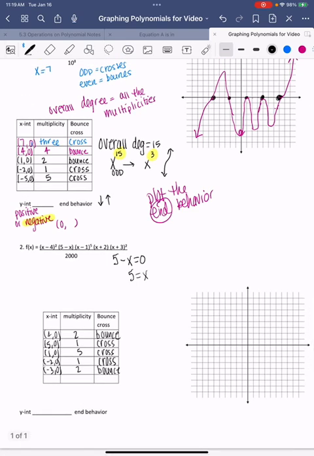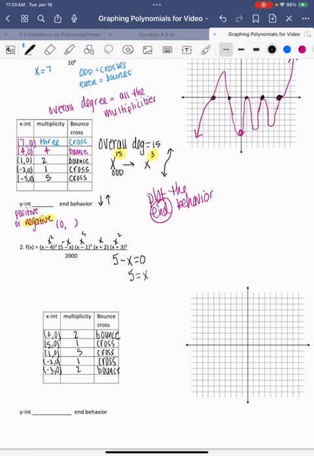Okay, so all together, I've got x squared. Be careful here, negative x when you write it in proper form. X to the 5th, x squared. My overall degree is going to be 2 plus 1 is 3 plus 5 is 8, plus 1 is 9, plus 2 is 11.